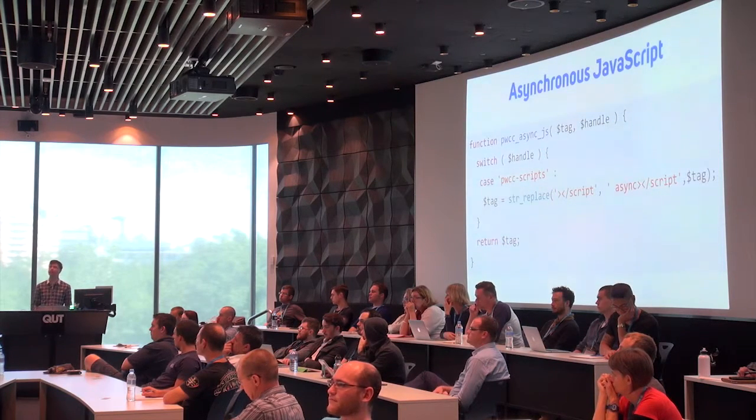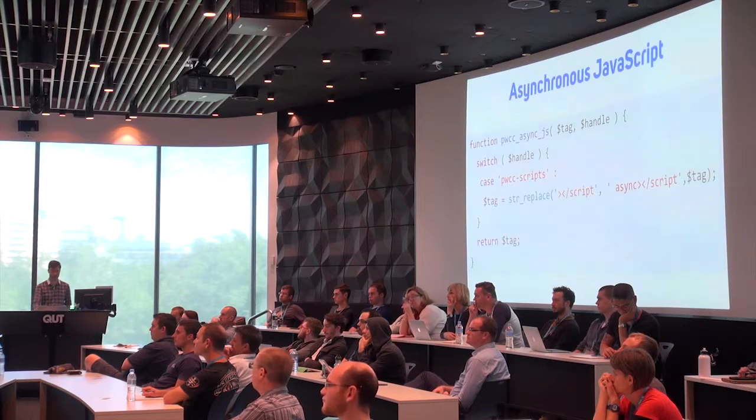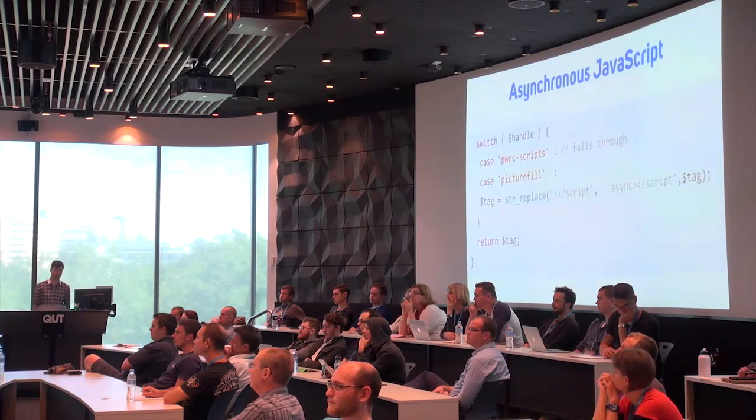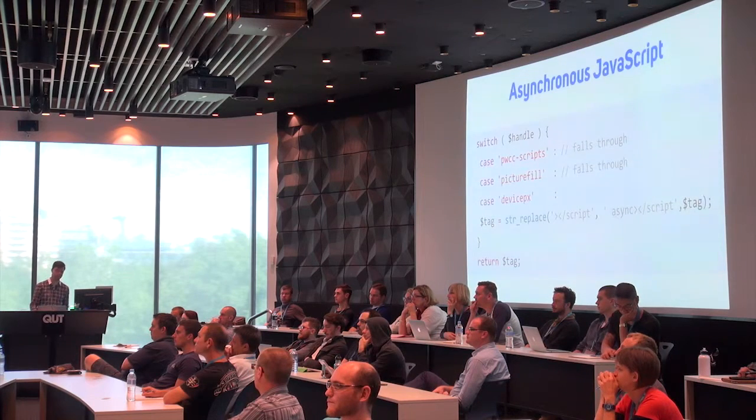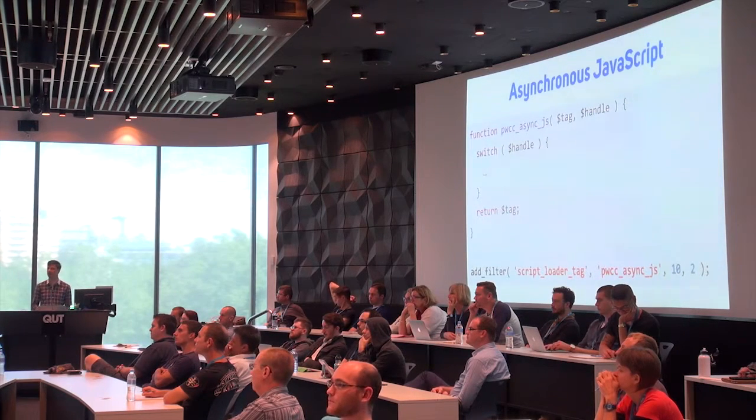So in this example, the script with the handle pwcc scripts is self-contained, so I can run it asynchronously. The same applies for picture fill. I can load that asynchronously. And Jetpack's device resolution detection script if you happen to run Jetpack. And the final step is to just apply this filter that you've written, as you can see there in the last line, and that basically does the trick.